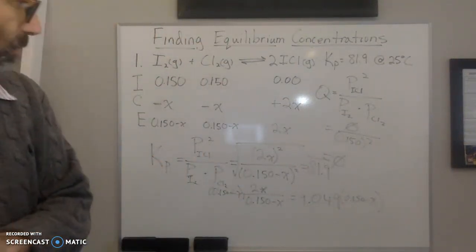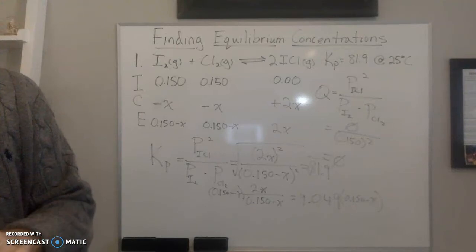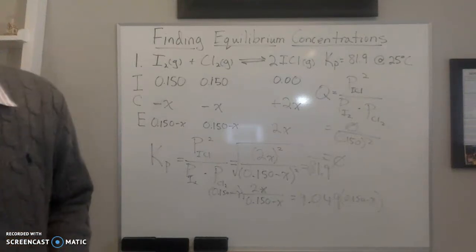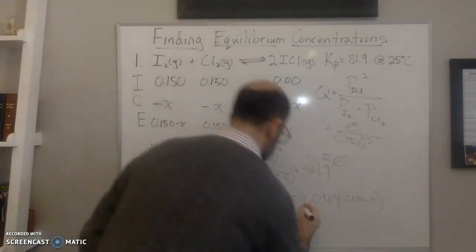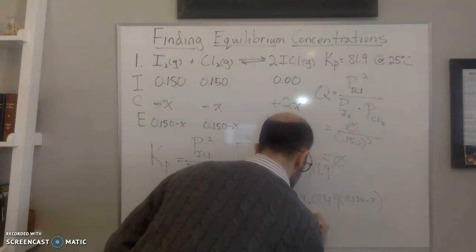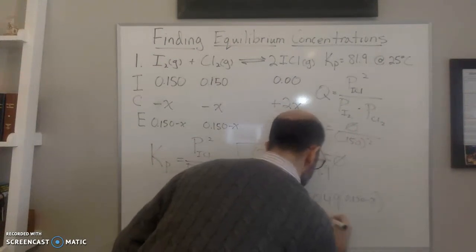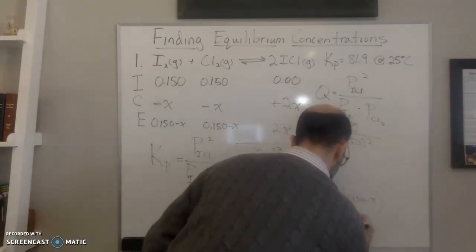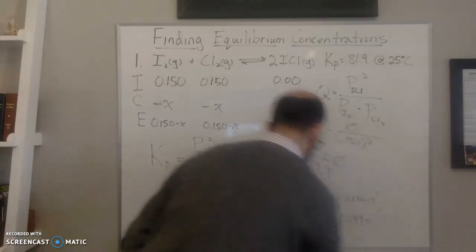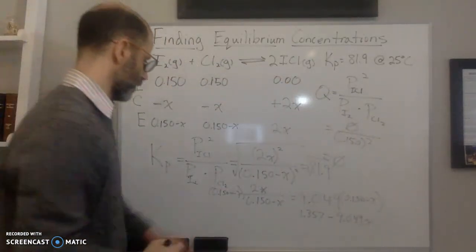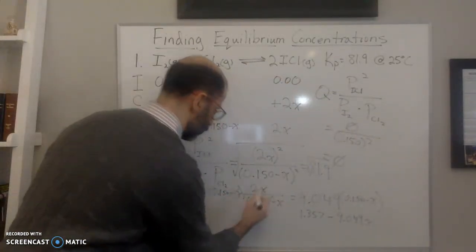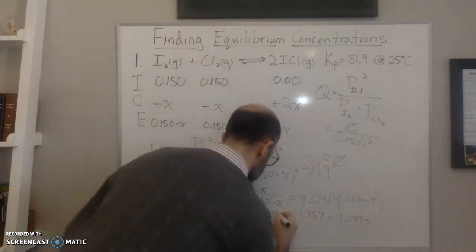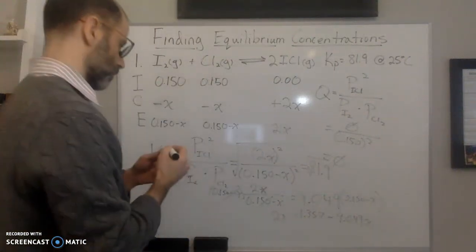Times 0.15. So 1.357. So this becomes 1.357. And then this is going to be minus 9.049x. And then so this cancels out. We have 2x. So this is equal to 2x.